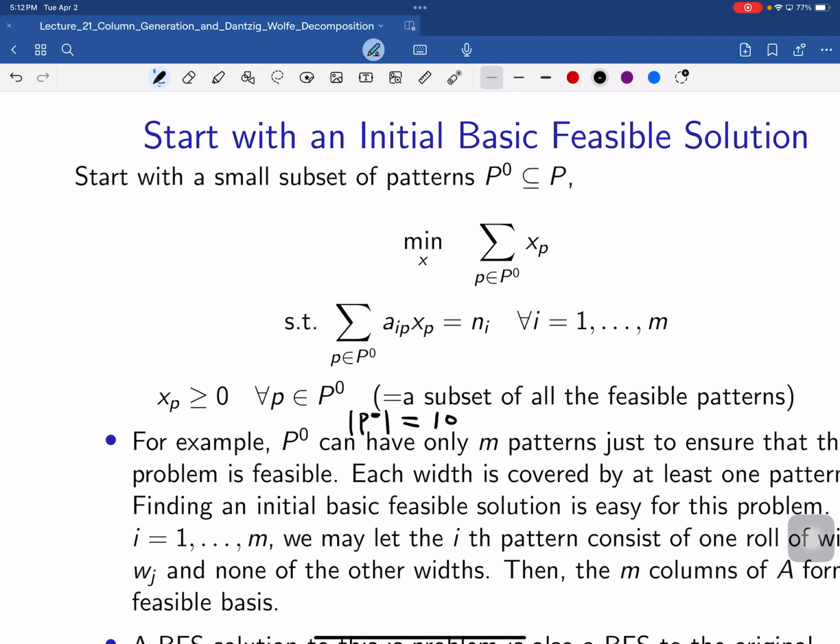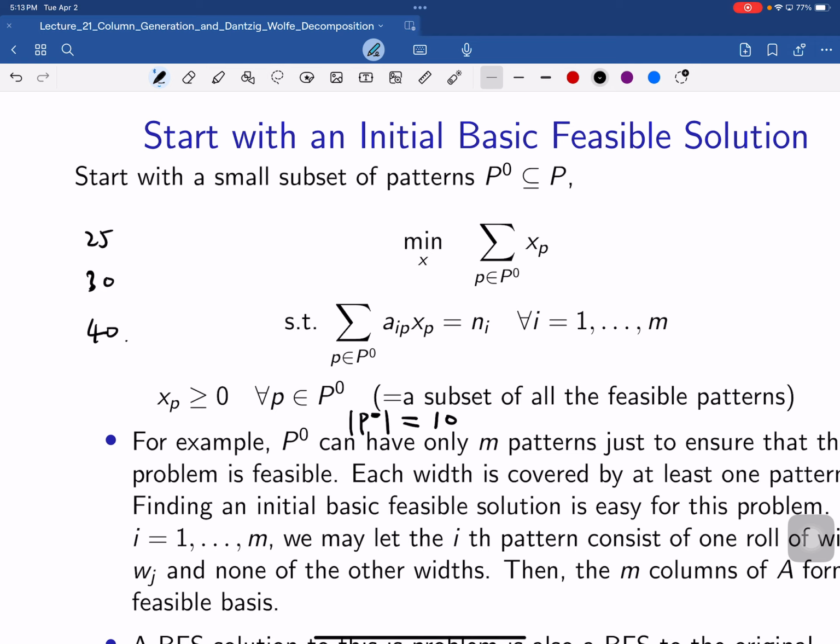For each of the orders, I'm only going to use the whole master row to cut orders of this particular size. So let's say you have orders with 25 inches, 30 inches, and 40 inches. We have 3 different widths here.